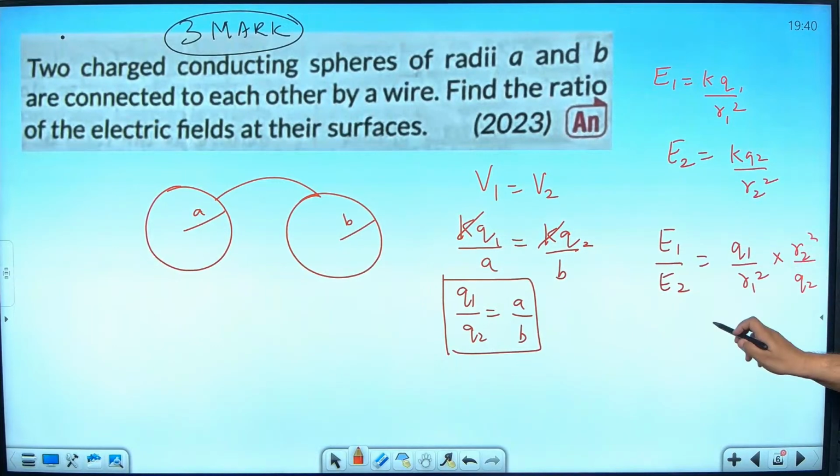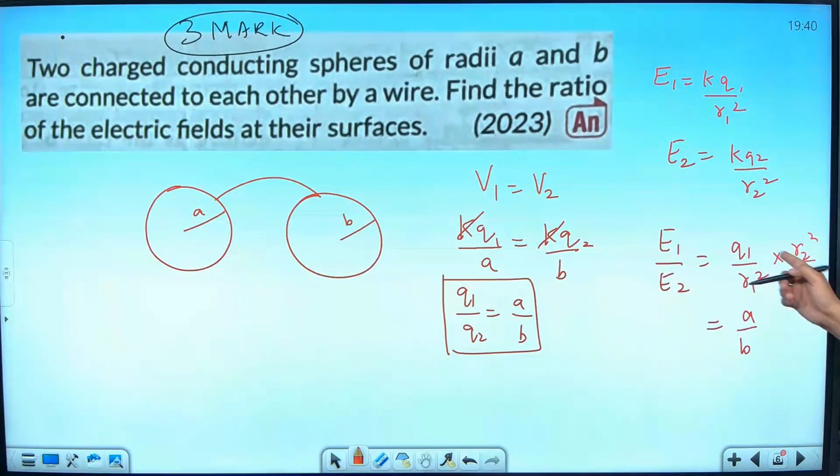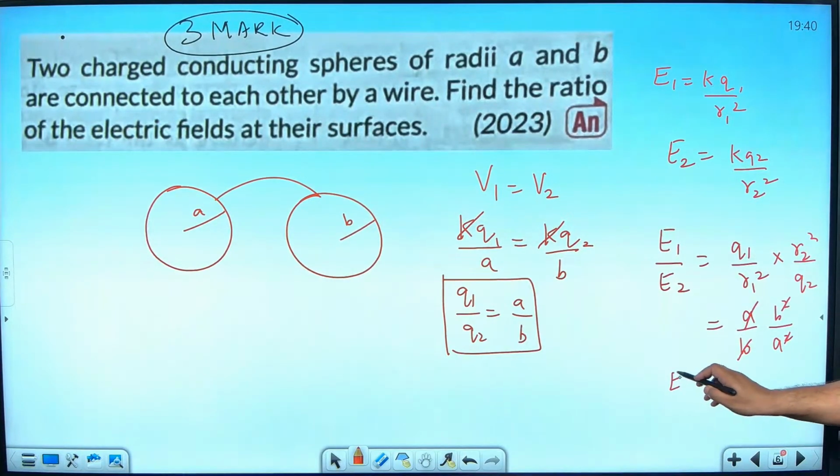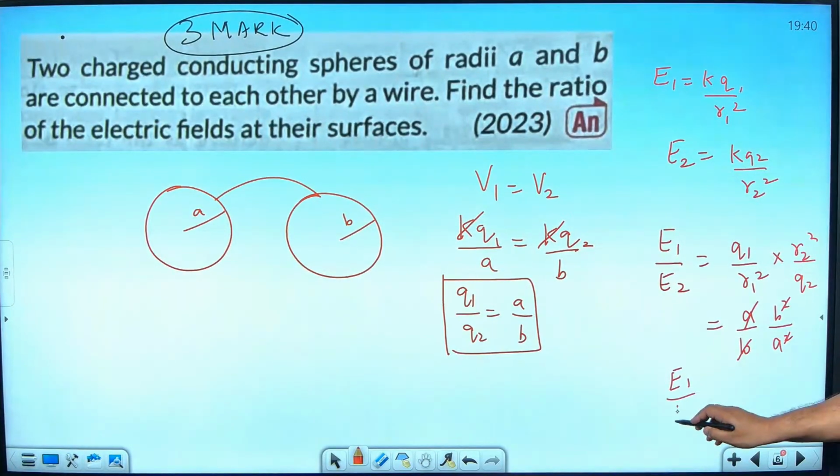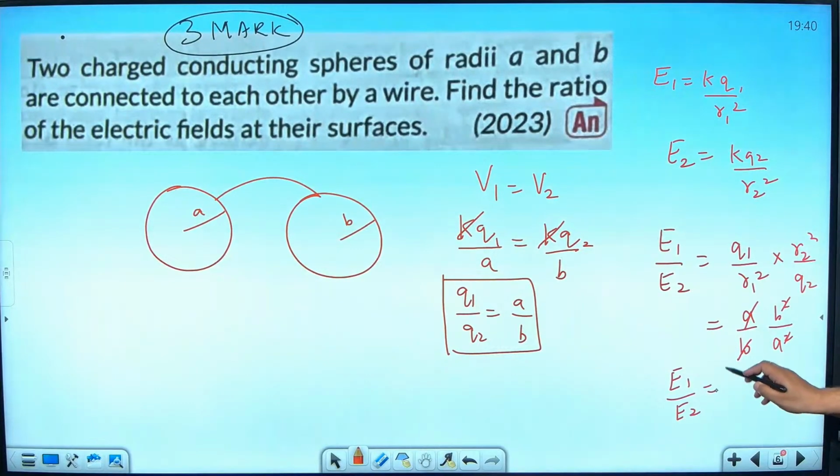Now Q1 by Q2 is given as A by B. We have found it actually, A by B. And R2 is how much here? B. So it will be B square by what is R1? A square. So this B will cancel this B, A will cancel this A. Answer is B by A. So E1 by E2 is equal to B by A.